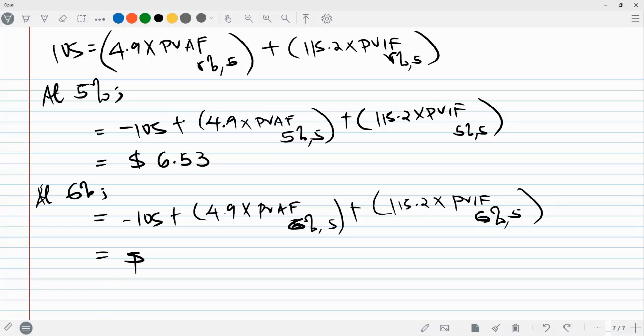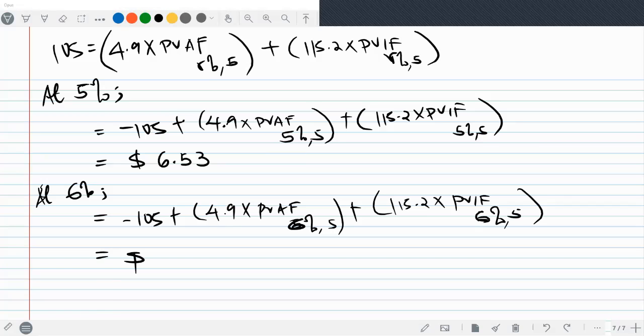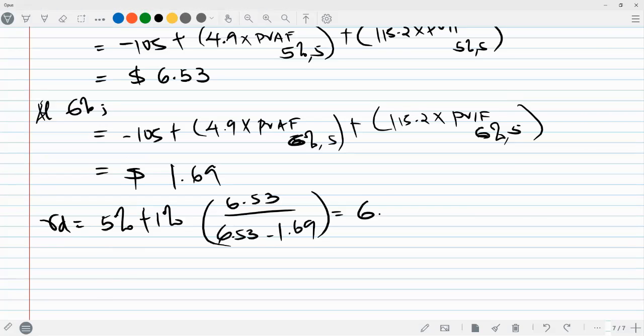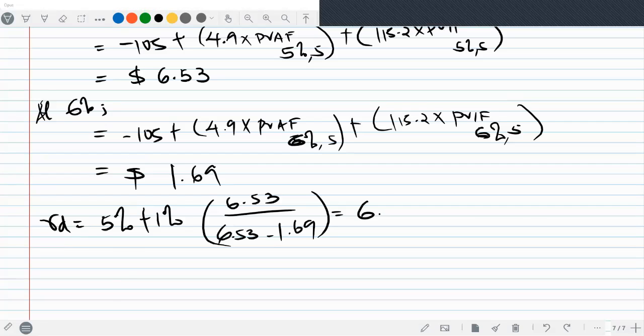And we get how much? 6.35. 35% is therefore the cost of this bond.